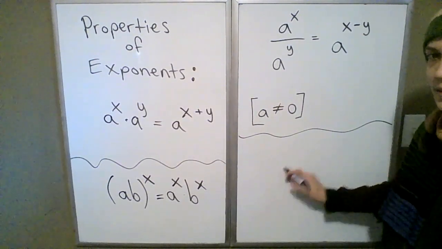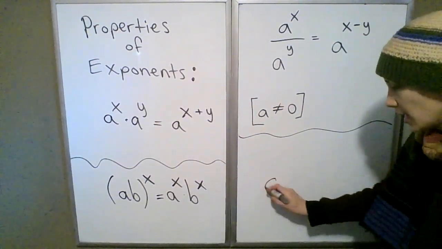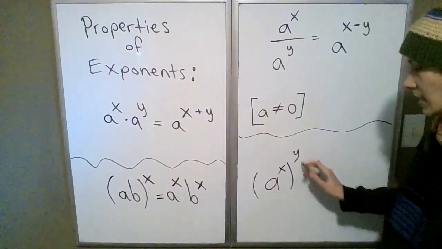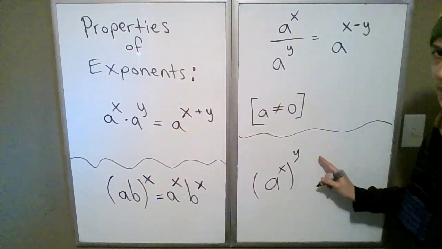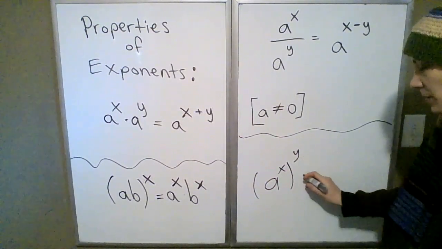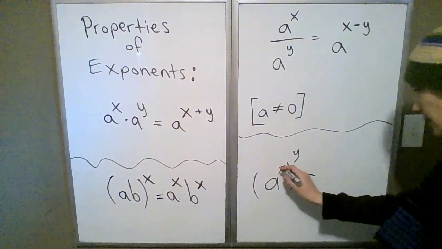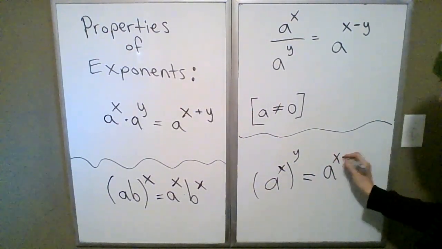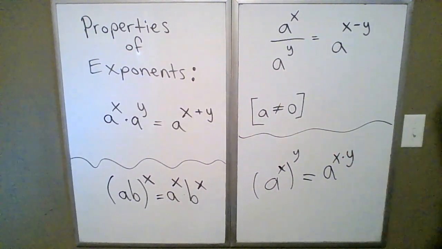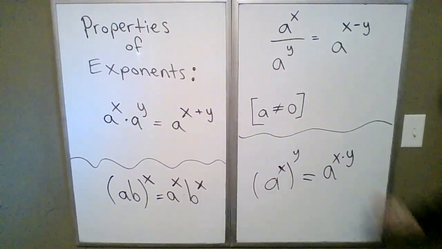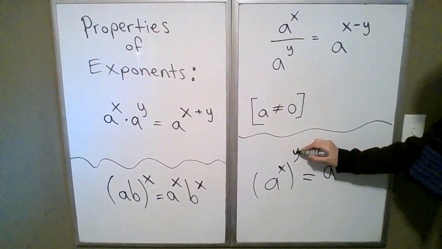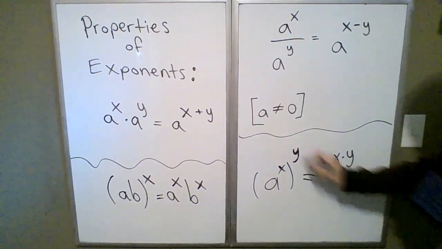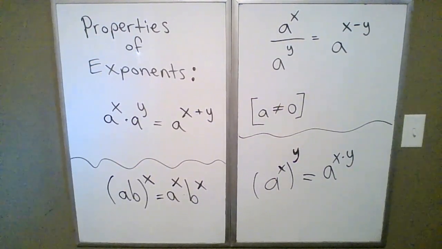Next, a to the x, to the y. So a has a power of x, and this all has a power of y. Power to a power, multiply them together. a to the power of x times y.